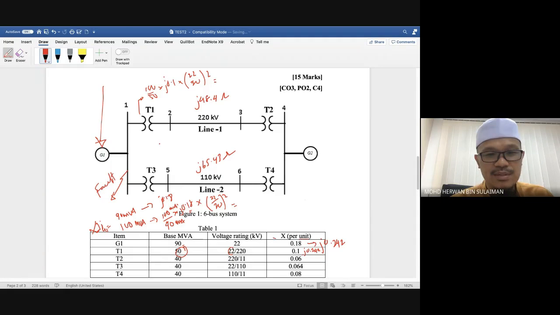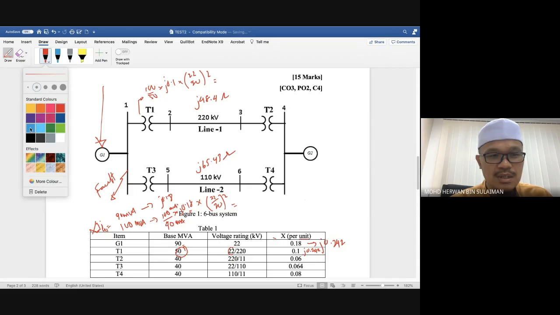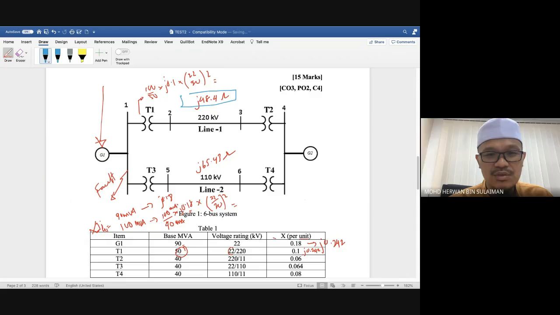Kemudian kat sini quite tricky, sebab dia bagi dalam ohm. So maknanya dekat sini you kena cari V base, right? Nak cari Z base baru, Z base pada line 1 ni. Z base ialah kilovolt square divided by MVA. So kilovolt asal dia 220.